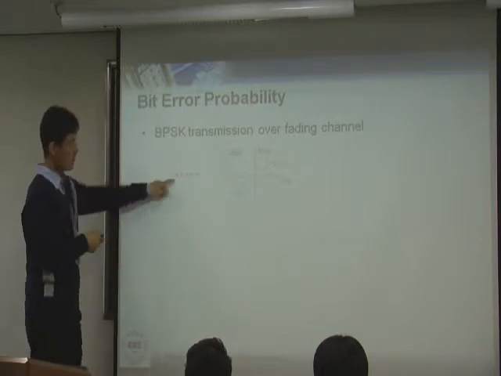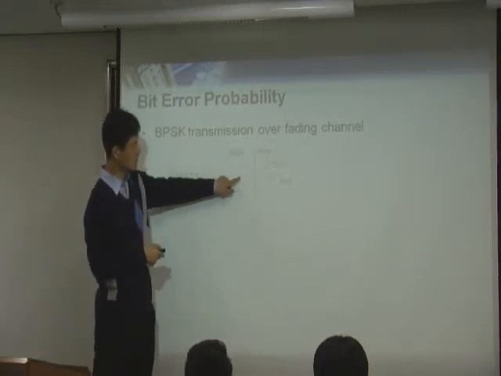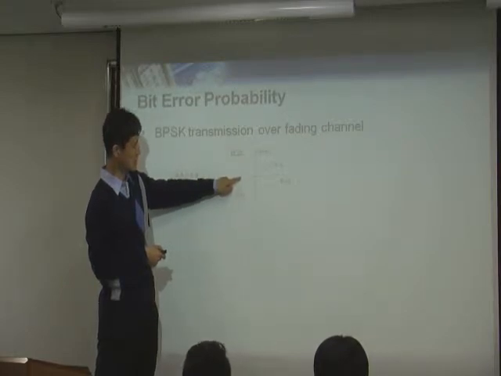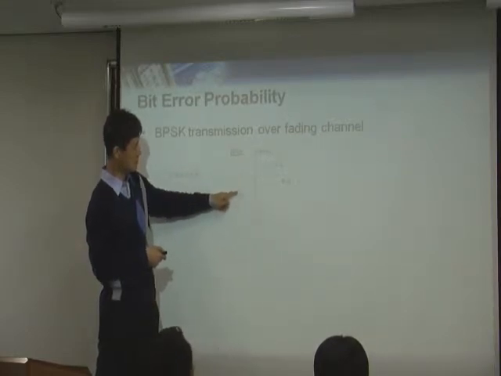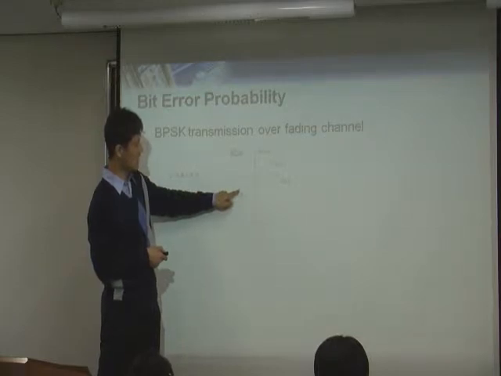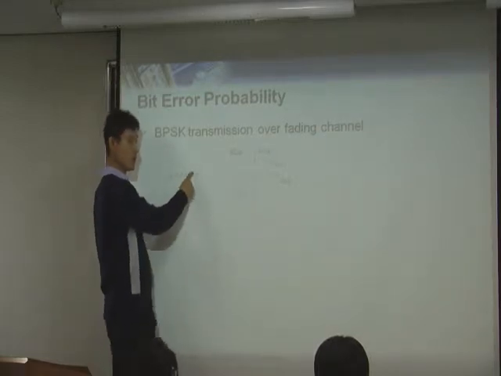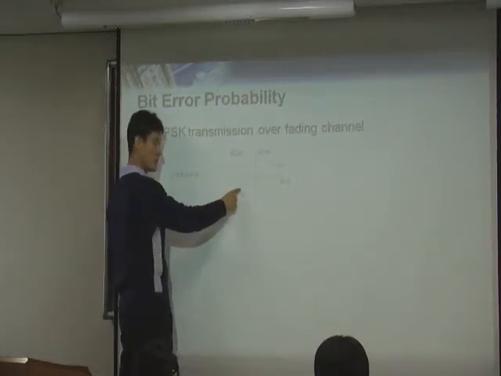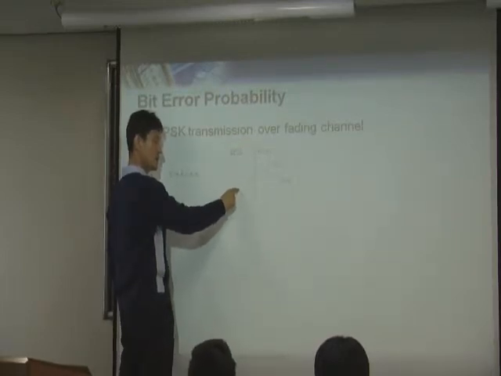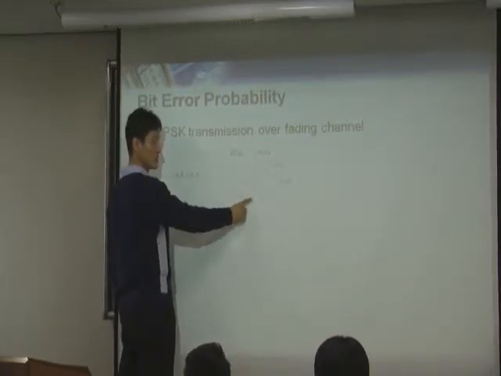So when you have a fading like this, it's no longer S1 here. This symbol S1 is now moved to hS1 right here. And then you also have noise, so from here you are adding noise also. So eventually what you receive may be somewhere here.